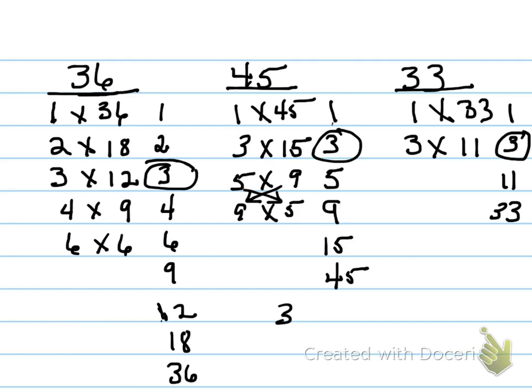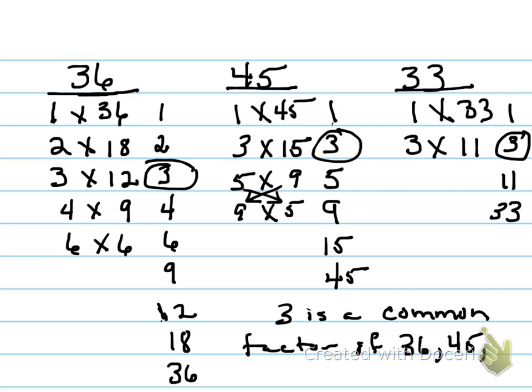So 3 is a common factor of 36, 45, and 33. Knowing how to find factor pairs will be very helpful in this exercise. All right, let's go on.